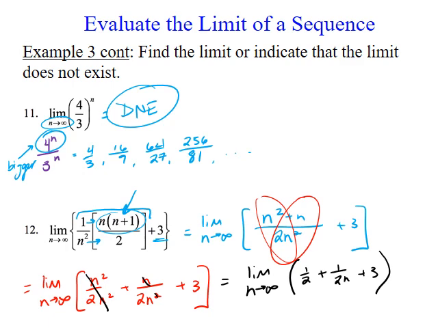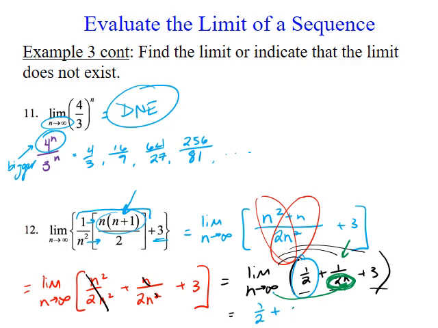Now remember, anytime you have multiple terms, you basically take the limit of each piece. Well, the limit of a constant is a constant. So we know this is 1/2. Now if you plug in infinity here, like in your mind, what's happening? Well, this denominator is getting bigger and bigger and bigger. So this fraction itself is getting smaller and smaller and smaller.